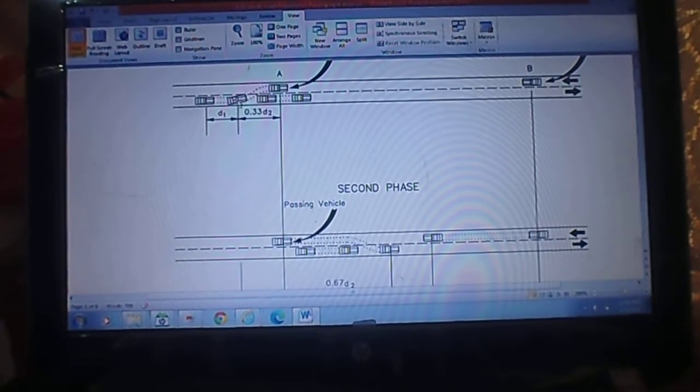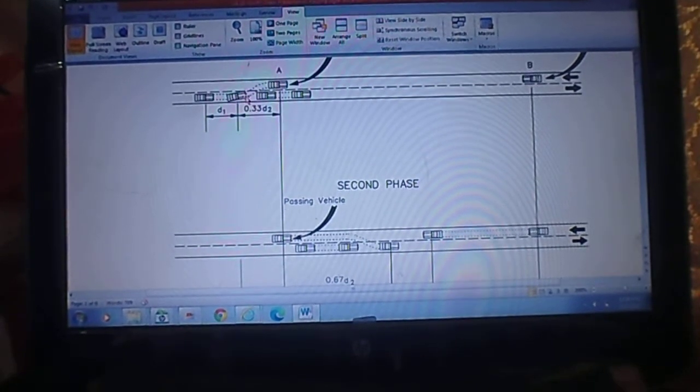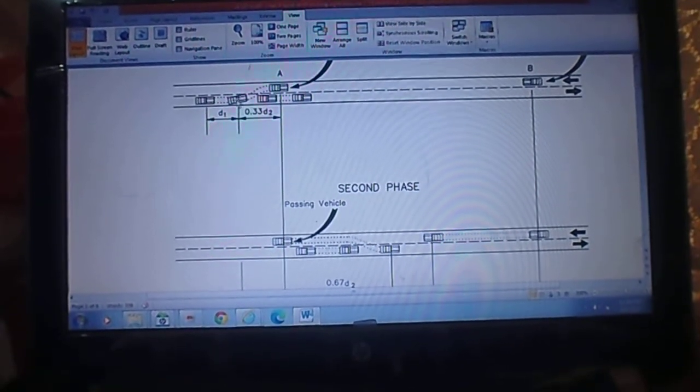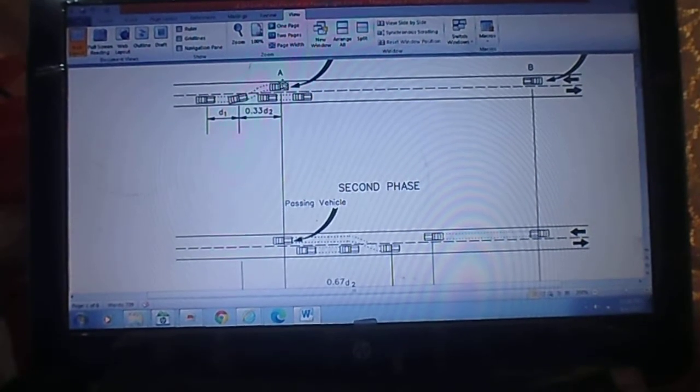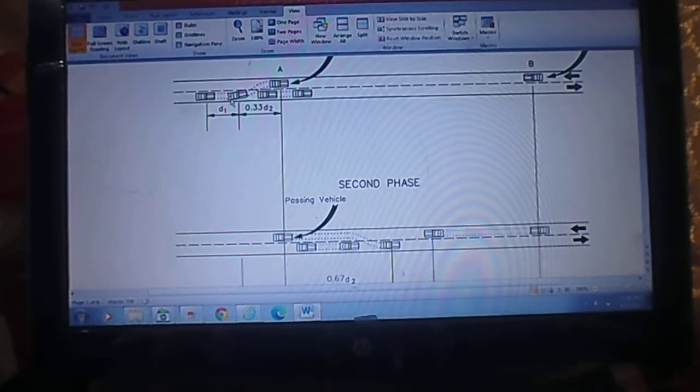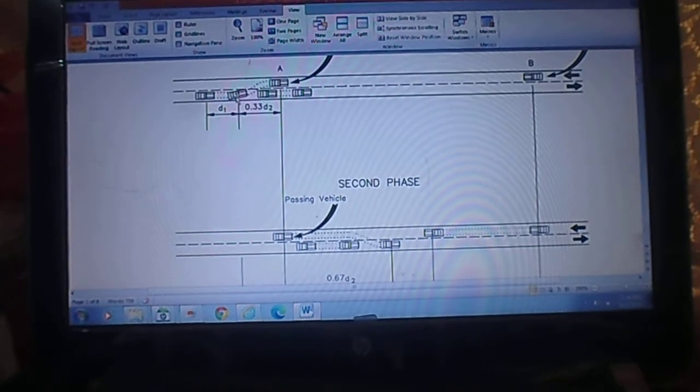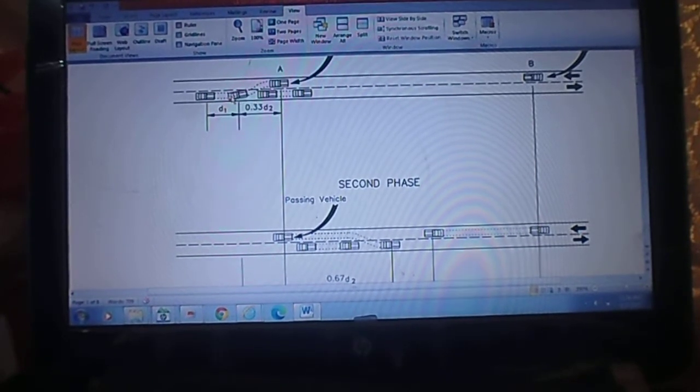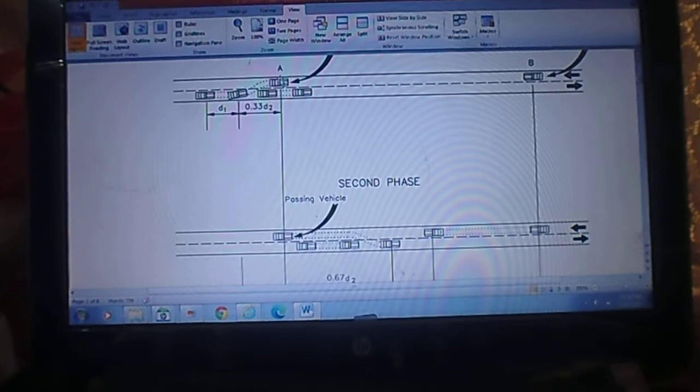The passing vehicle accelerated, and so there is acceleration. It accelerated because it would like to maneuver from the right lane to the left lane. In the process, the speed is changed from the initial speed to the final speed.